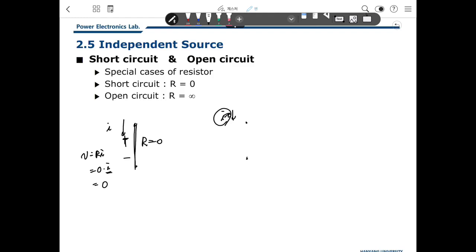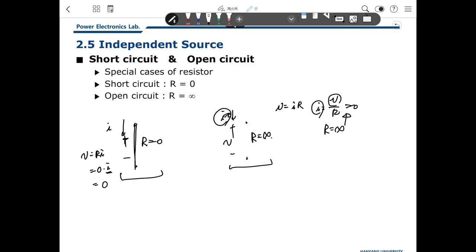Then V is IR, which means I is V over R. I don't know the value of V, but if R is infinity, then current is always 0. So in this case, R is modeled as an infinite resistor. So this is the open circuit and this is the short circuit.